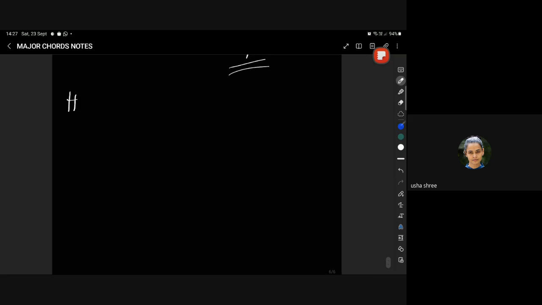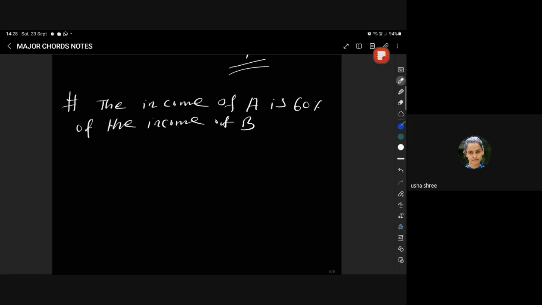Okay, another problem. The income of A is 60% of the income of B. Income of B is how much? 15,000. Then what is the income of A?